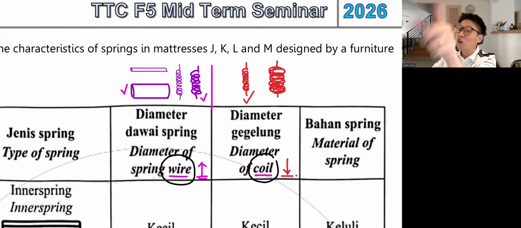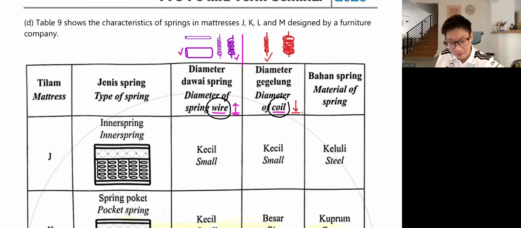Mine is the wire. Okay, can. Diameter of what? Yes, correct, Hazim. Okay, can.